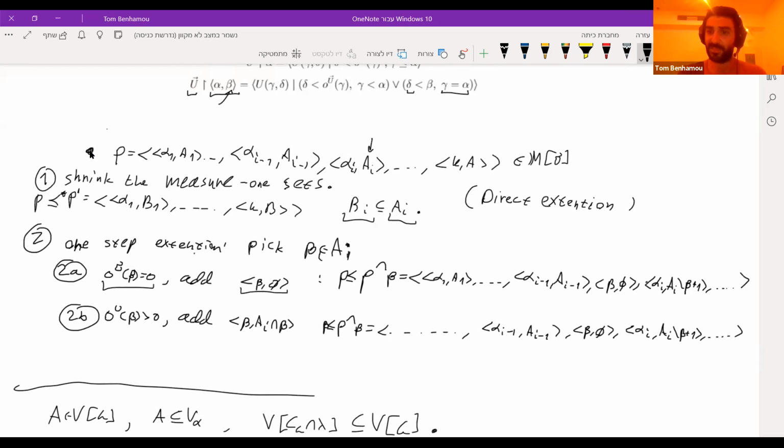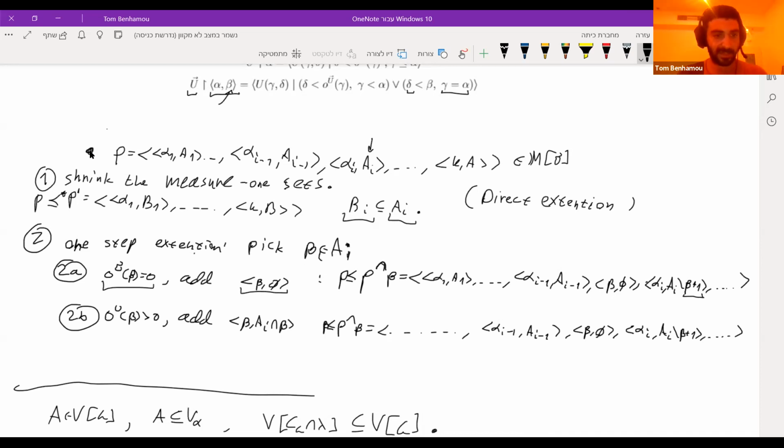And we do it between alpha I minus 1 and alpha I. The only thing we need is to make sure that the set of candidates now starts above the beta we added. So we cut AI above beta. We denote this by P concatenated with beta.